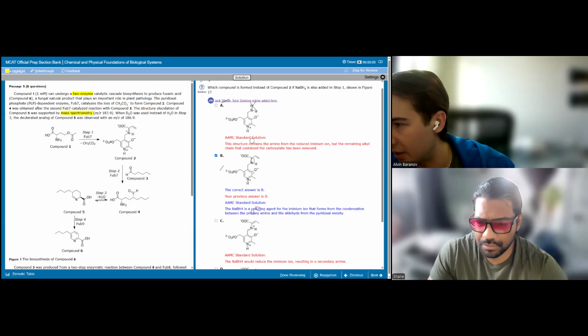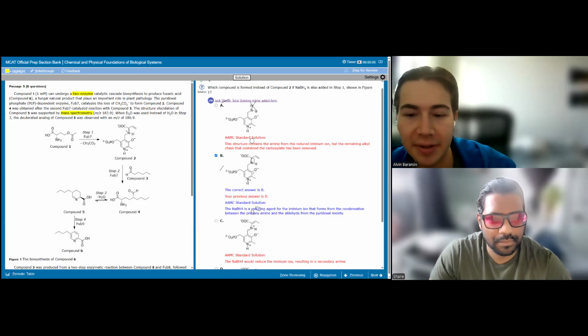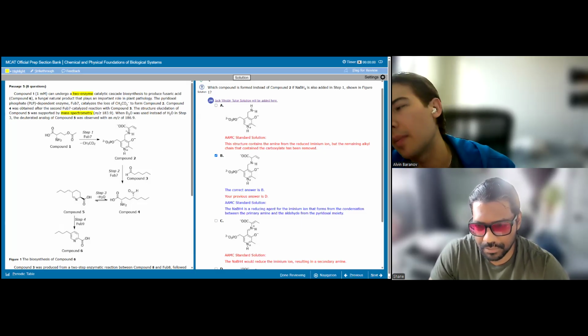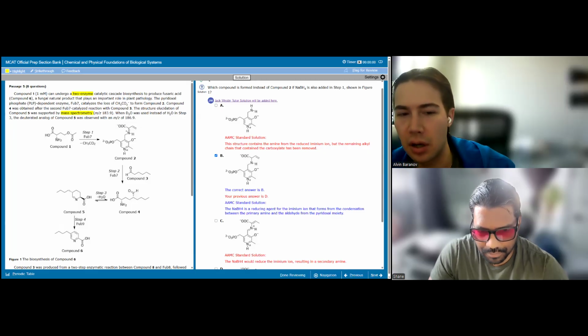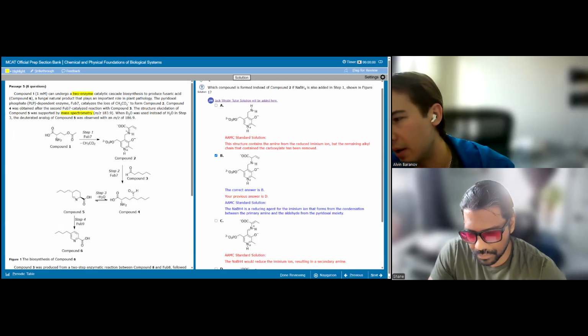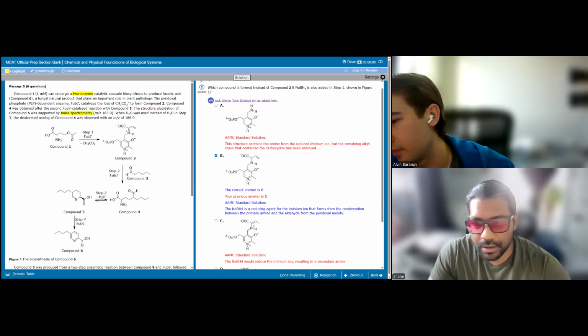I don't fully understand it, but so what you're saying is it targets the double bond on the nitrogen first, but if there was another equivalent, it would target the other double bond. Yeah.